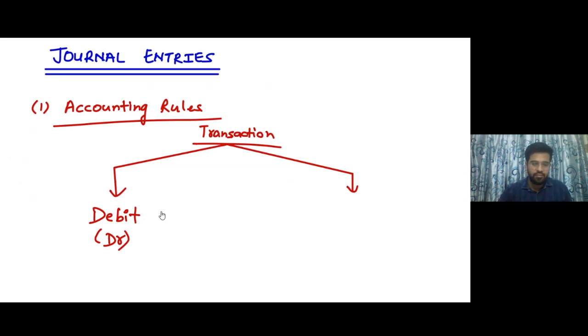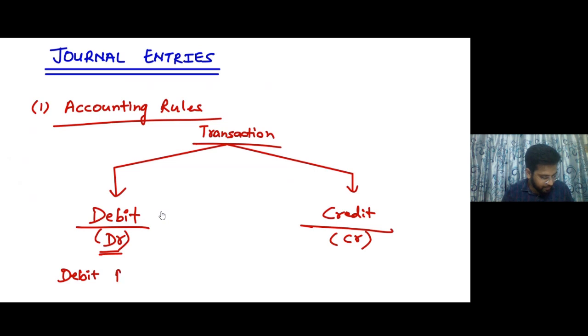Then we have the other effect, which is called credit, denoted by CR. Somebody can interpret it as doctor and compounder, but it is not actually doctor and compounder. It is debit as well as credit. What does DR represent? It represents a debit receipt. What does credit represent? It represents a credit receipt.